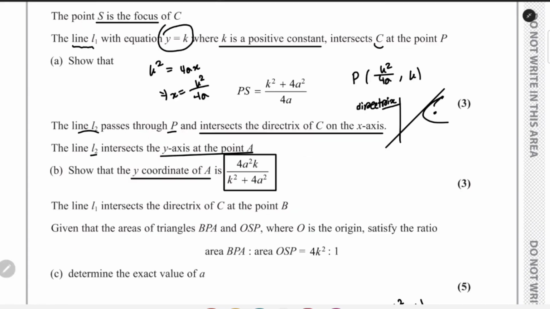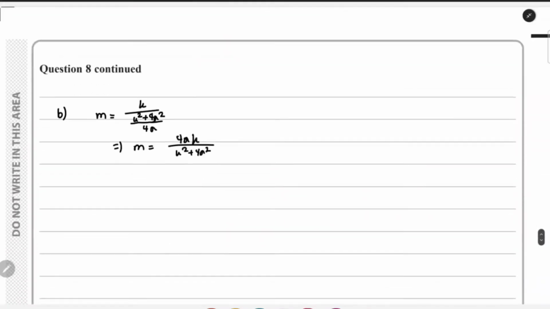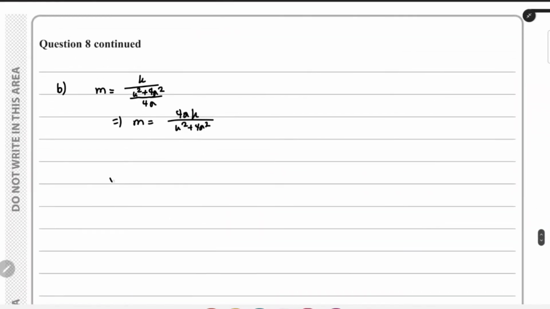Now the directrix has the equation of x equals to minus a, y equals to 0. Now we'll use this fact over here. We know the gradient, we know y1 and x1. I can just put it over here.